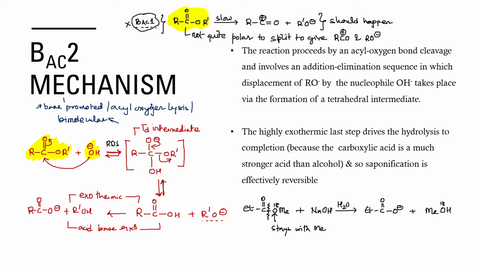Okay? Let's move ahead to BAL1 mechanism. AL का मतलब alkyl oxygen bond lysis और base catalyzed mechanism ये होगा. हमें ये समझना है कि ये कहां पे हो सकता है और under which condition we will be able to observe this.